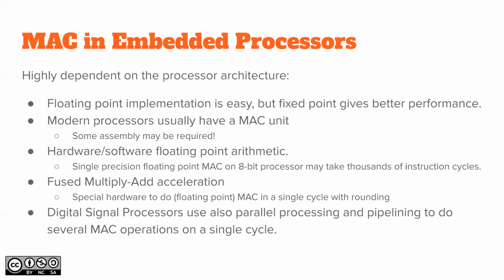Anyway, there's a lot of choice, from an 8-bit processor where you must do it in software up to digital signal processors where the MAC operations happen in a single cycle with pipelining, and wow, they are just screaming when they're crunching the numbers.